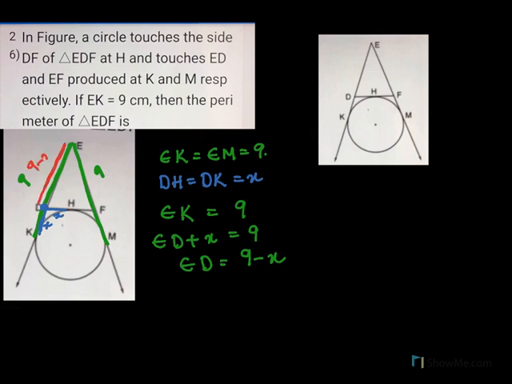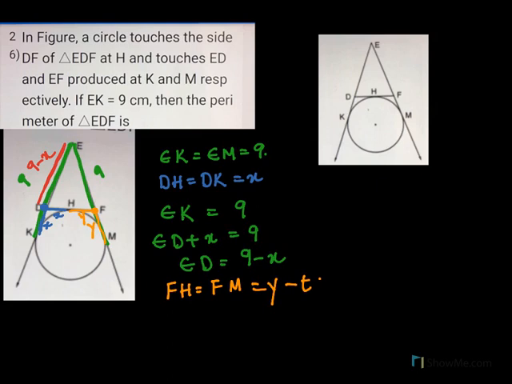Now on the other side again, I have an external point F, and from F I can draw two tangents, that is FH and FM. So FH equals FM, say equal to y, the reason being tangents. So I'll put this as y and I'll put this as y.